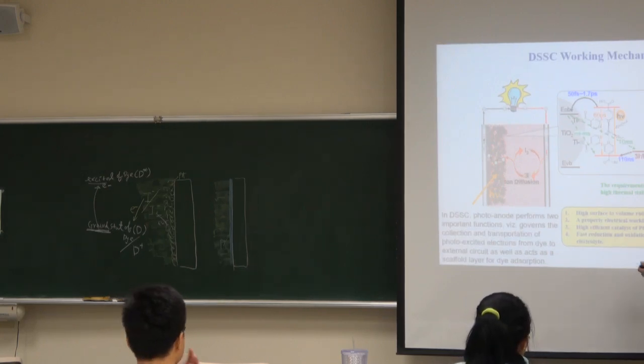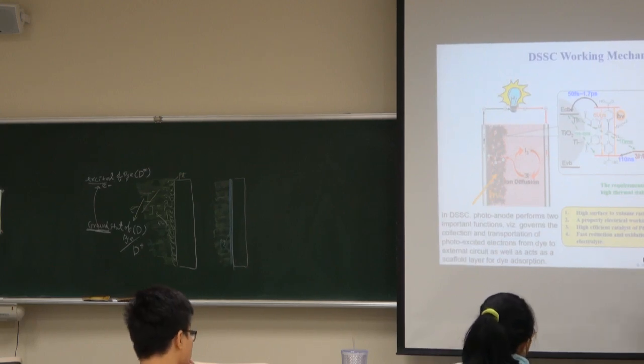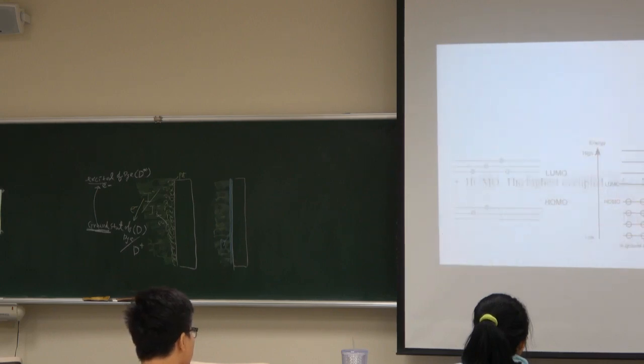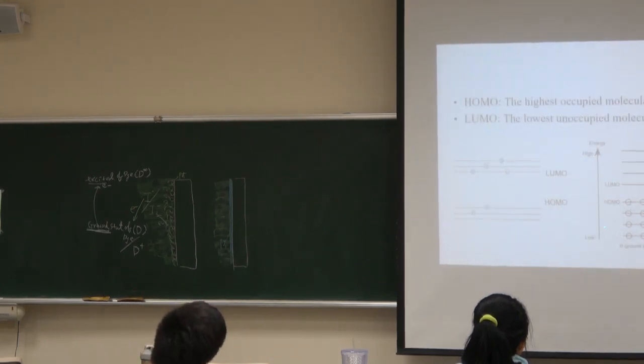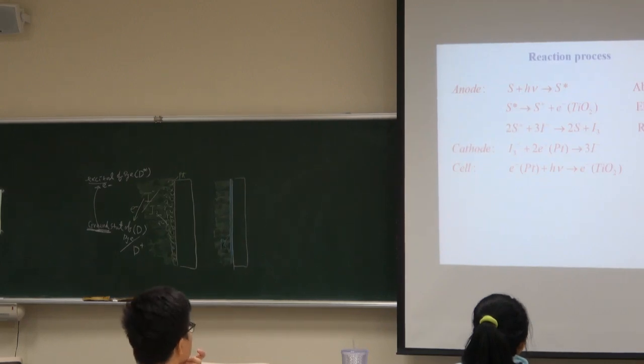Just like shooting, you have to provide a bullet fast. So this is the mechanism, and the HOMO band and LUMO band we already discussed. This is the overall reaction process, please remember it.